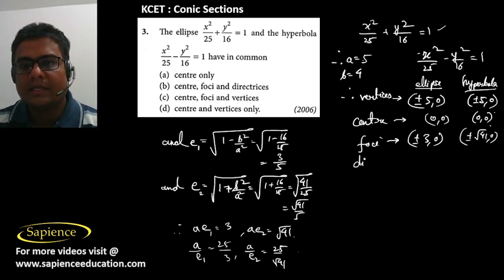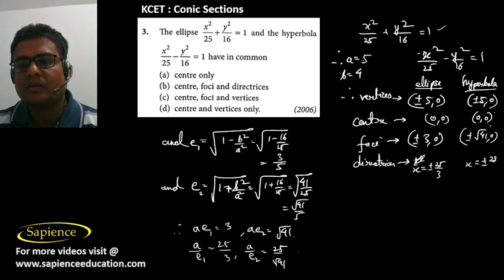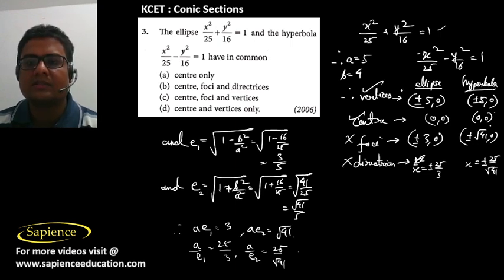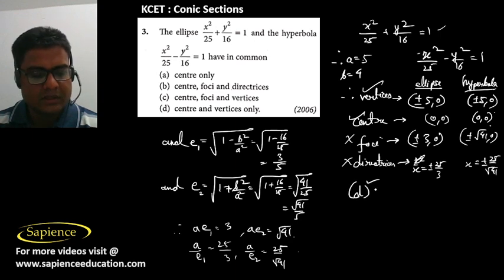And the directrices are, for the ellipse, x equal to plus or minus 25 by 3, and for the hyperbola x equal to plus or minus 25 by root over 41, so they are not the same. So the foci are not the same and the directrices are not the same, so only the center and the vertices are the same. So option D is the correct answer.